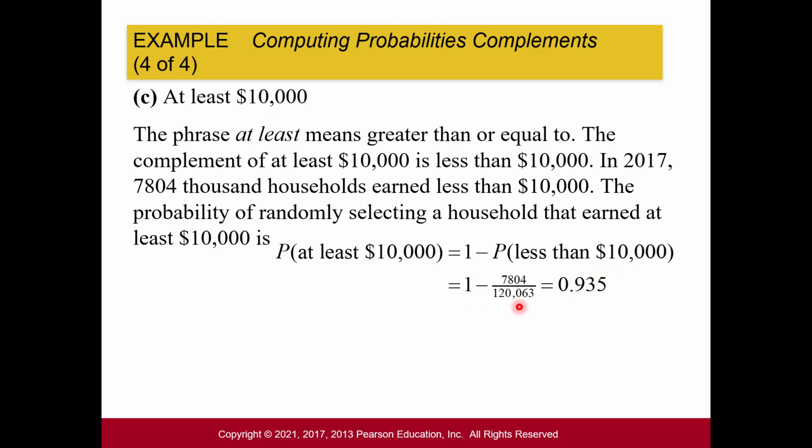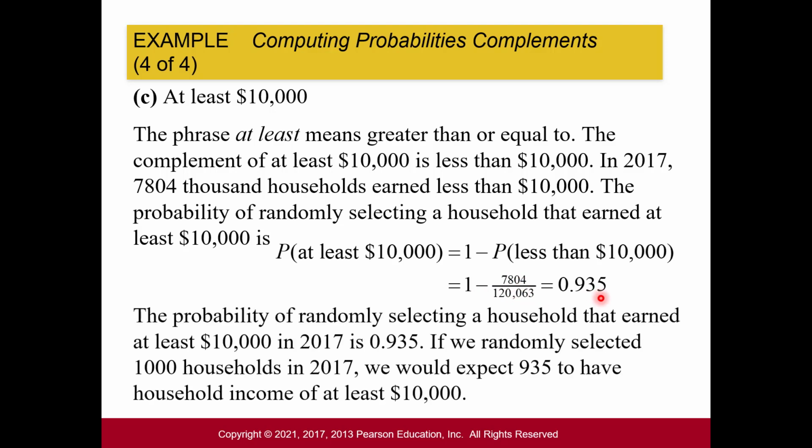So 1 minus 7,804 over our total is 93.5%. The other way to say this is if we selected 1,000 households, we could expect that 935 of them had incomes of at least 10,000. All right, that's it for this one. Thanks for watching.